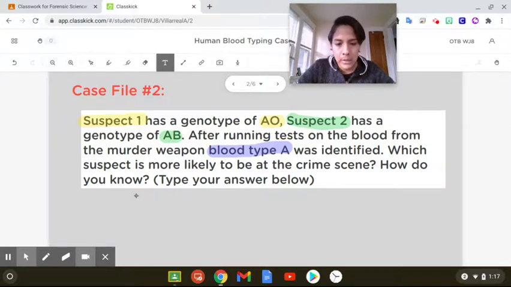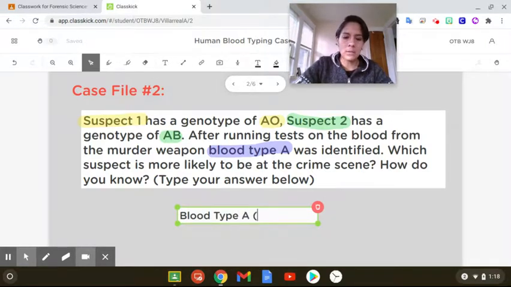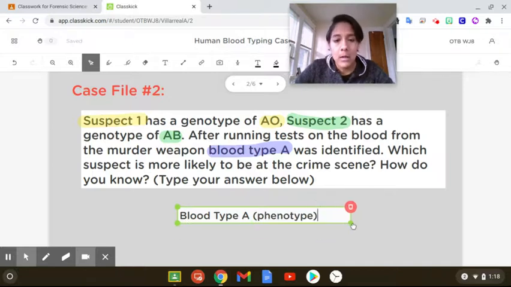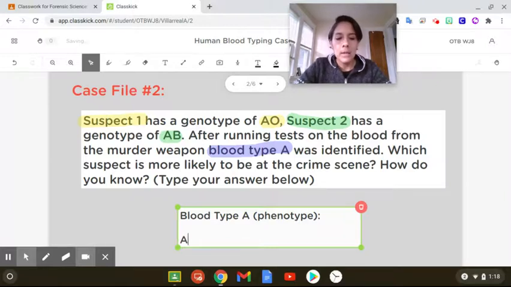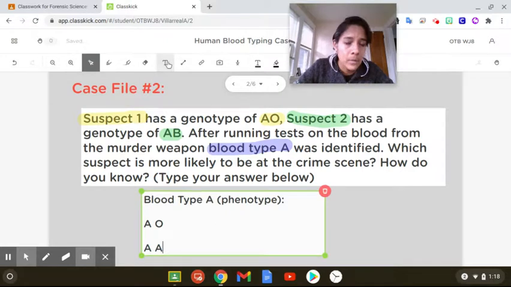Okay, and like we saw from our other question here, I'm going to write this additional information to help us answer this question. So this is the phenotype. So that's the type of blood that she has, or that the suspect has. Blood type A is the phenotype. So that was the blood left at the crime scene. And remember, the genes that we can have to produce that are AA or AO.